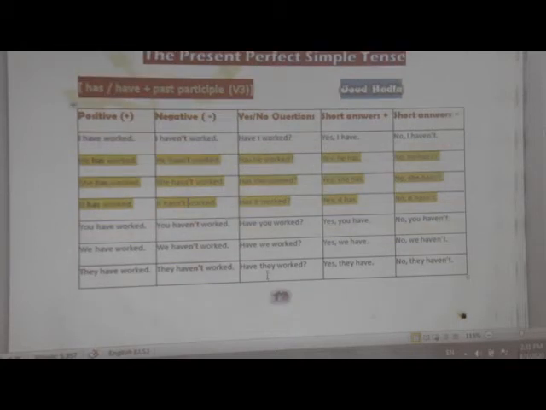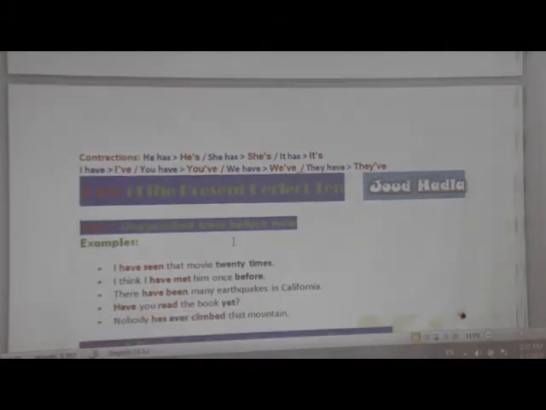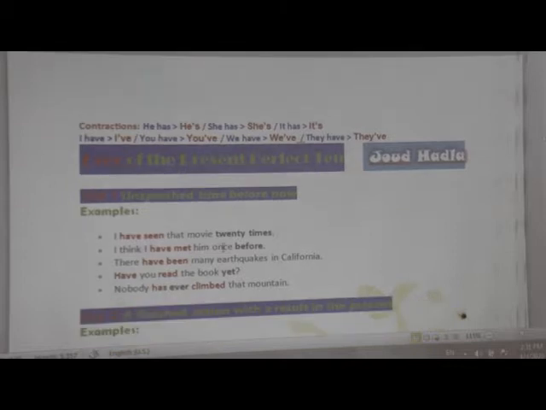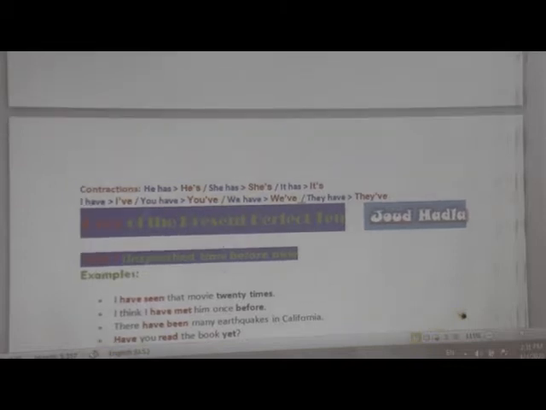Now after you learned the form of the present perfect tense, let me tell you about the main and important uses of this tense. I only gave you two forms because I want to simplify things for you. Before doing that, let me give you a small note about the contractions of the verb with the subject pronoun.